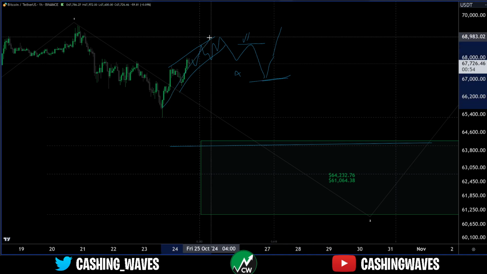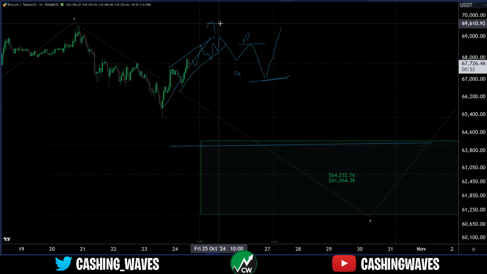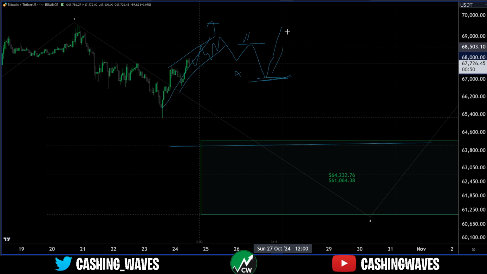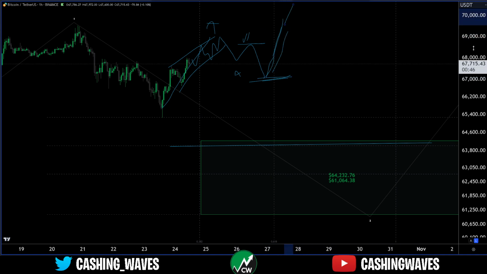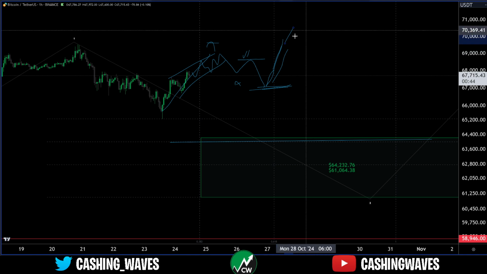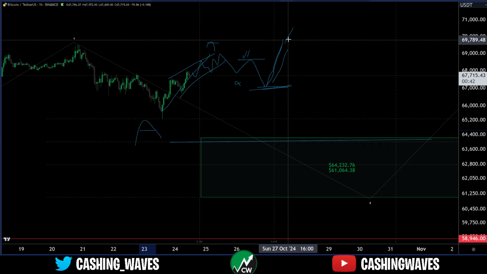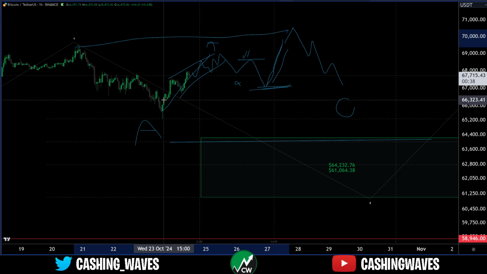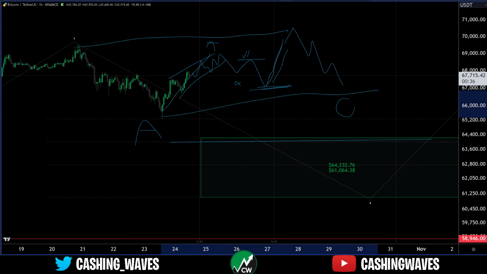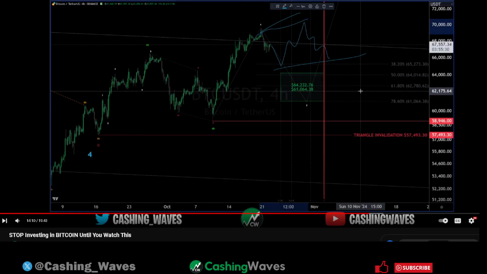And that way, if this is just an A wave, once you get the move above, you can start moving your stop up, right? And you shouldn't lose money on that. And then this opens up the possibility to our larger flat we discussed right here from last video, right?